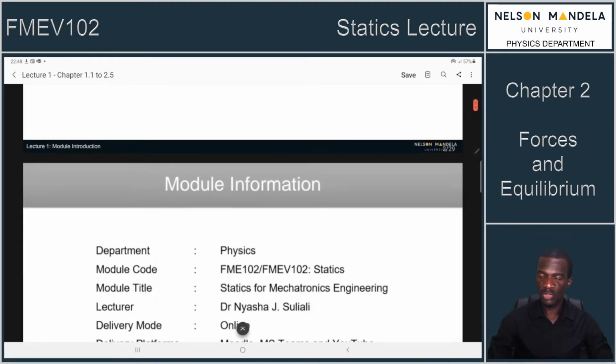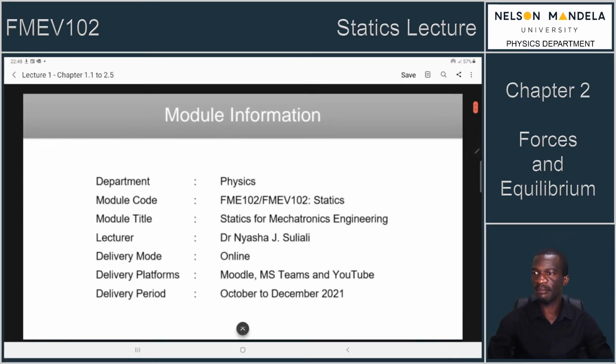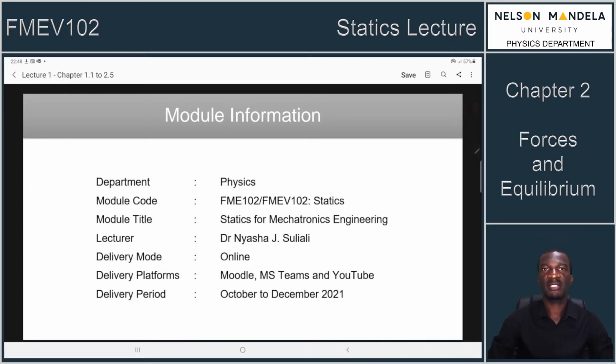Right, this module is brought to you by the physics department. We already know that. The module code is FMEV 102, specifically for engineering, but generically on Moodle it is labeled FME 102. The material is exactly the same.